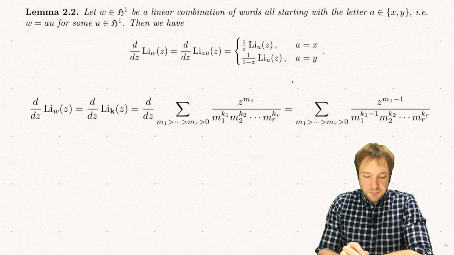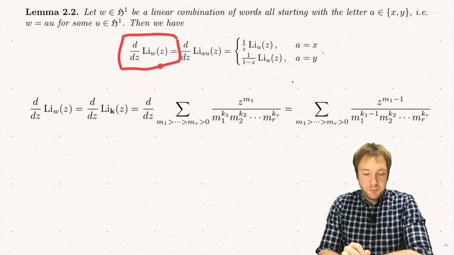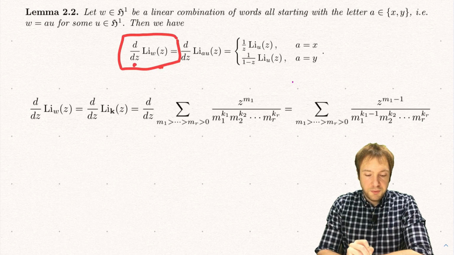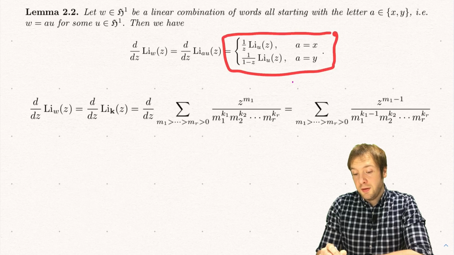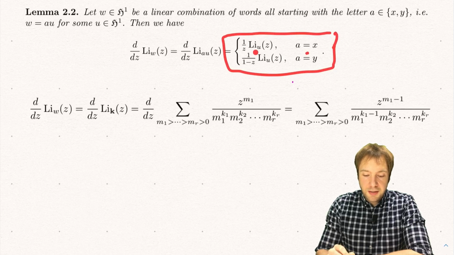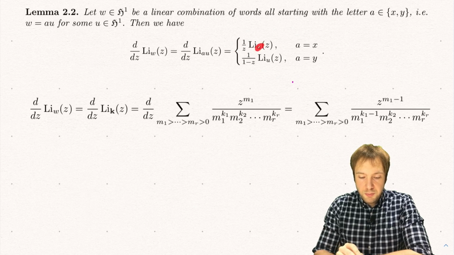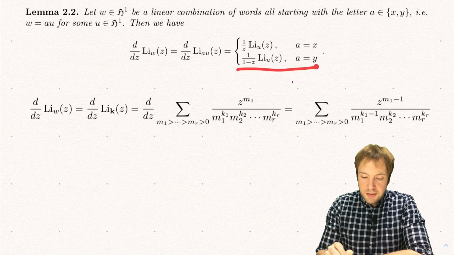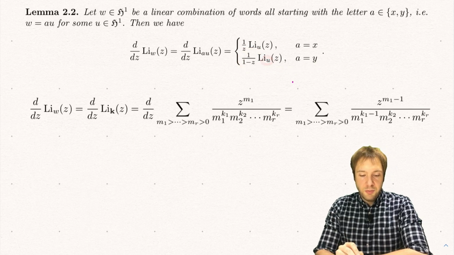Then the statement is that if I take the derivative of this multiple polylogarithm with respect to z, then, depending on the first letter A, if all the words in this W start with x, then taking the derivative just means multiplying with 1 over z and removing the first letter. And if the first letter is y, this corresponds to multiplying with 1 over 1 minus z and removing the first letter.